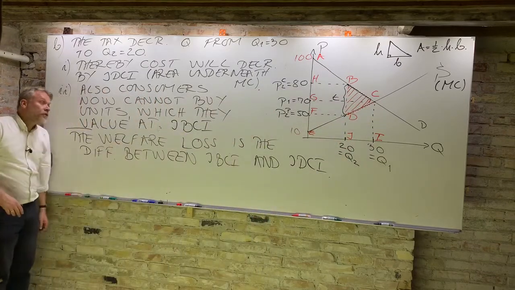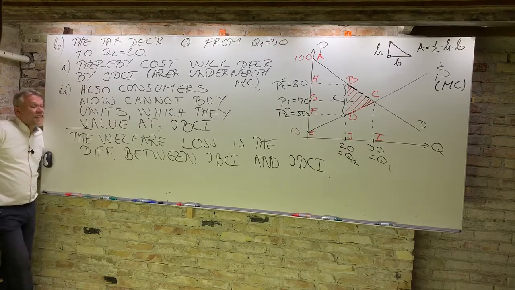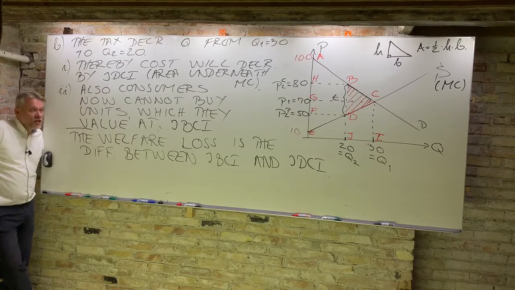And if nonetheless you lower the quantity by introducing a tax, then as a society as a whole, you will experience a welfare loss because some people in your society, namely consumers, have lost more than what other people, namely the firms, have saved.